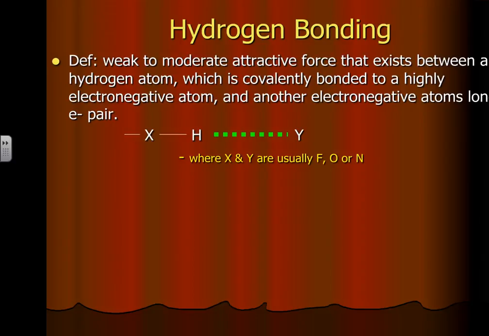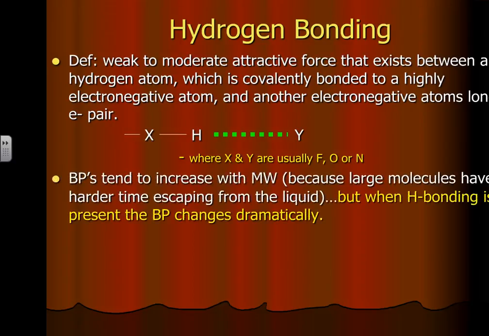Fluorine connected to a hydrogen, oxygen connected to a hydrogen, or nitrogen connected to a hydrogen. These will hydrogen bond with other things around them. Boiling points will increase with molecular weight, again because of what we talked about before. If you're larger, you will have more London dispersion forces.